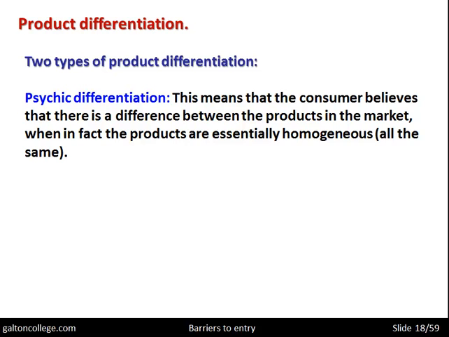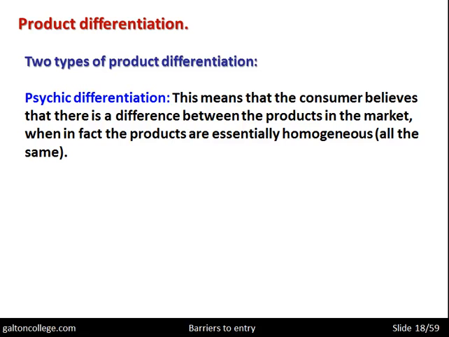This happens with many products in practice. Electricity has to be supplied with certain characteristics, a certain voltage, and so electricity is homogeneous in terms of the supply of electricity, and yet different suppliers charge different prices.